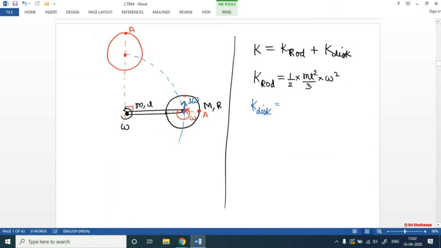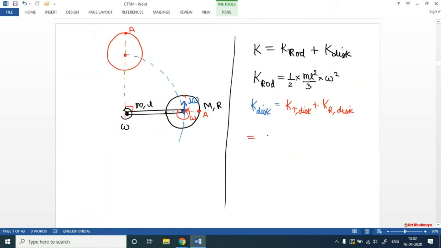So you have to realize the motion of this disk is curvilinear translational motion, plus it is also rotating about its own axis with the same angular velocity omega. So whenever we are writing the kinetic energy of the disk, we will be writing the translational kinetic energy of the disk plus the rotational kinetic energy of the disk as well.